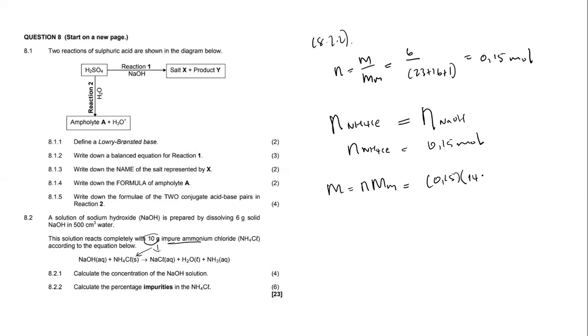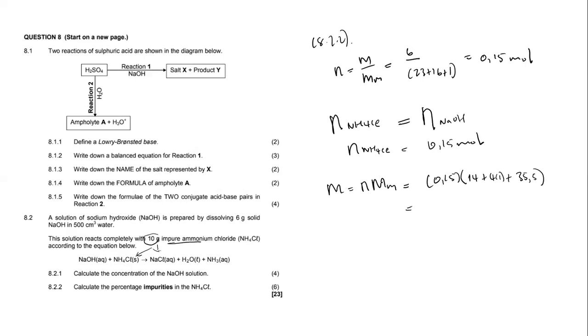So we have 14 plus hydrogen, we have 4 hydrogens, so it's going to be 4 multiplied by 1, plus, remember we're calculating molar mass, chlorine, which I think is 35.5. So here we're going to have 35.5, and then we close our bracket.